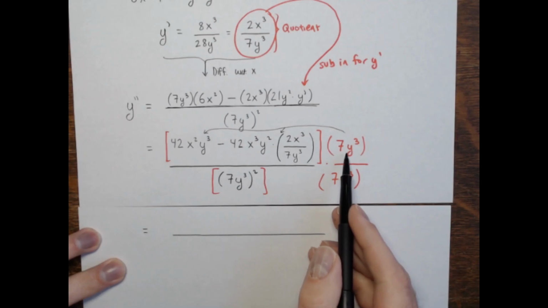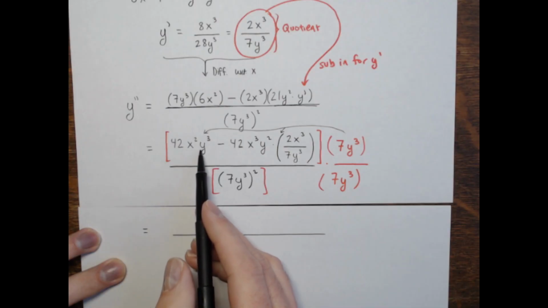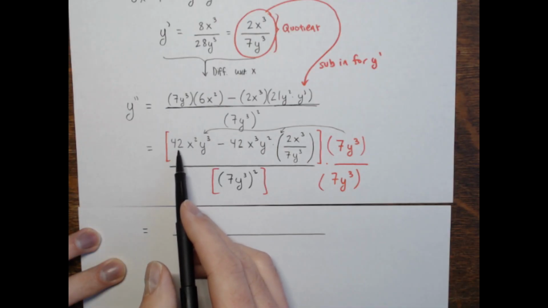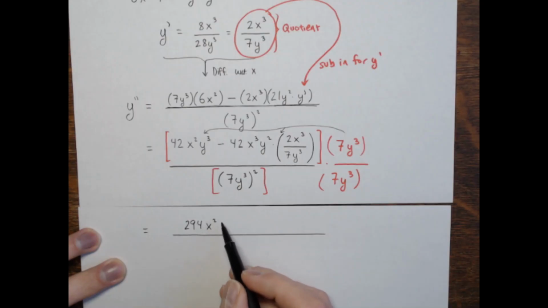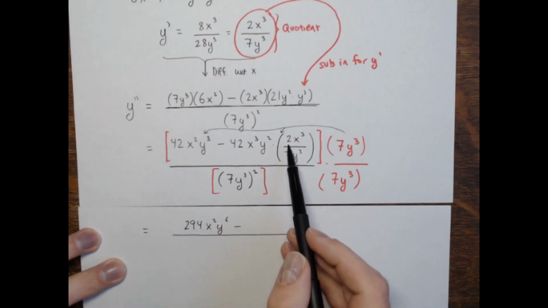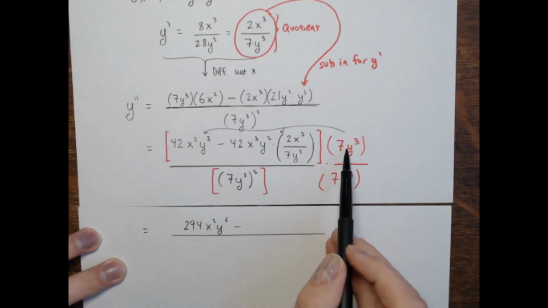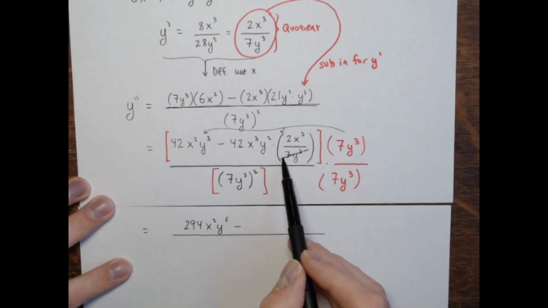So 7y cubed times 42x squared y cubed, that'd be 280 and 14, so 294 x squared y to the sixth, then minus, and then when you multiply this by this second part, the whole point is to get rid of the 7y cubed down here.